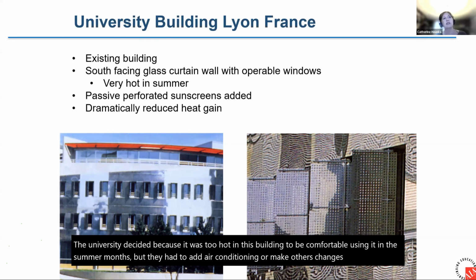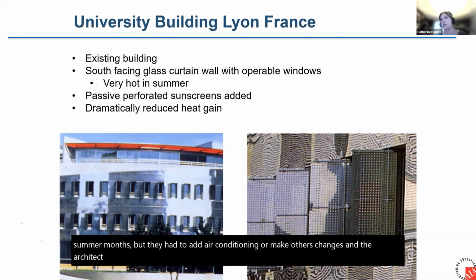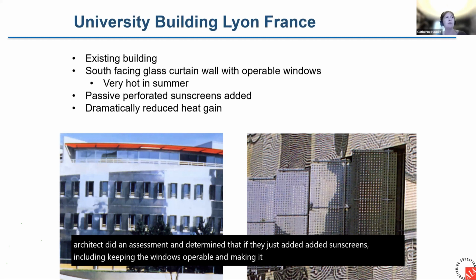And the architect did an assessment and determined that if they just added sunscreens, including keeping the windows operable and making it possible to open them, as shown here, that they could avoid adding air conditioning.